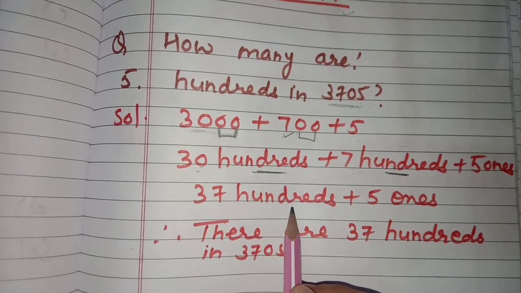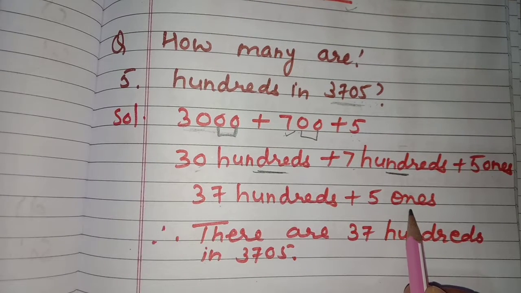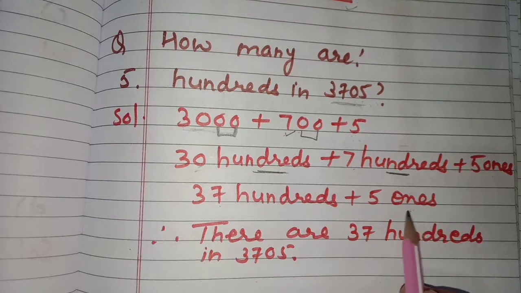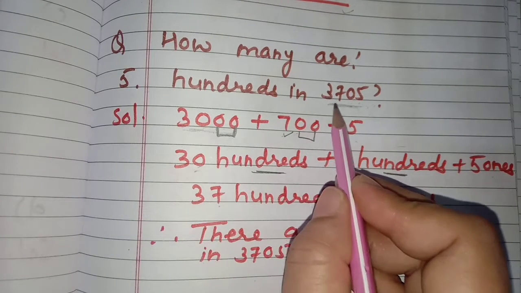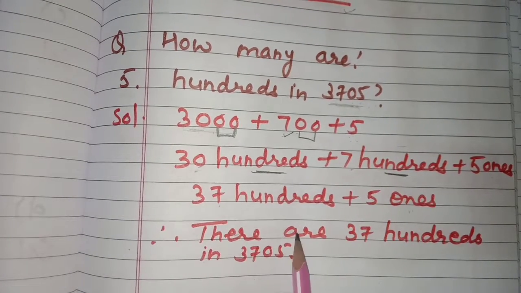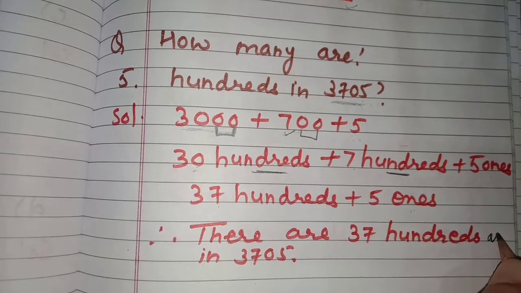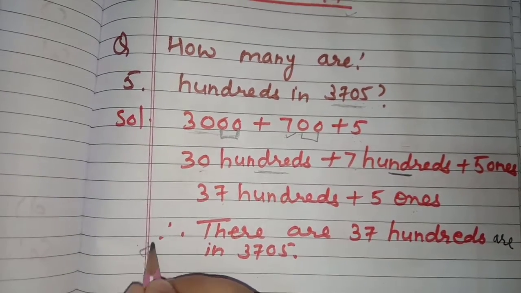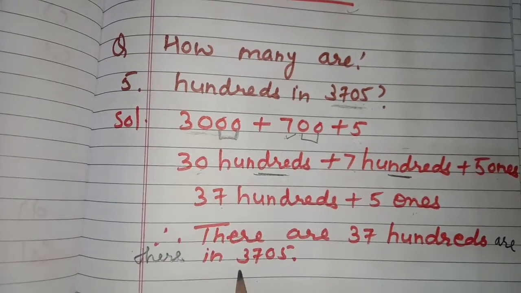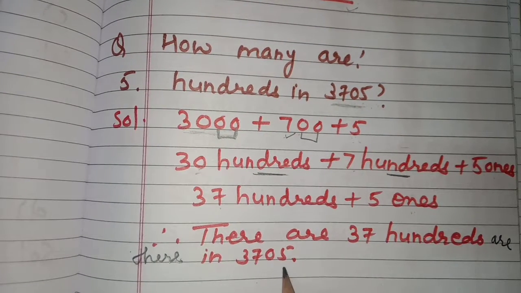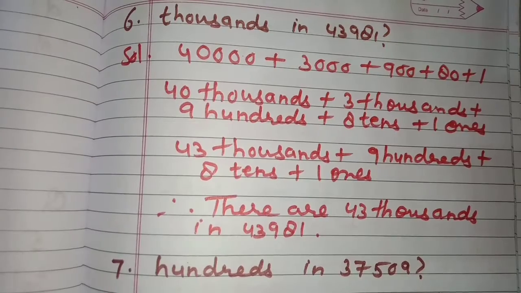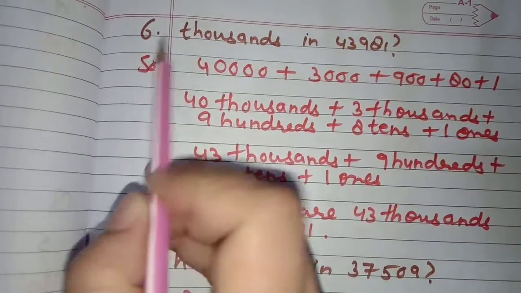So it is 37 hundreds plus 5 ones will be written as it is. It means how many hundreds are there in 3705? Therefore 37 hundreds are there in 3705.